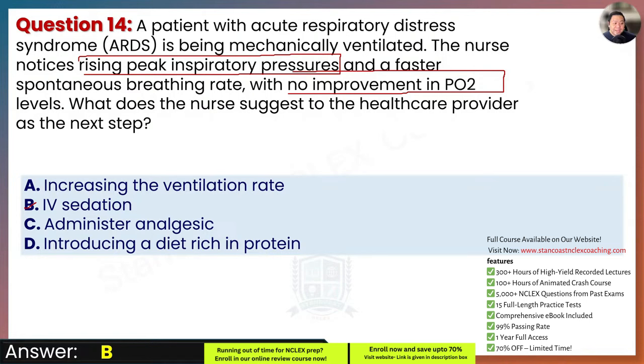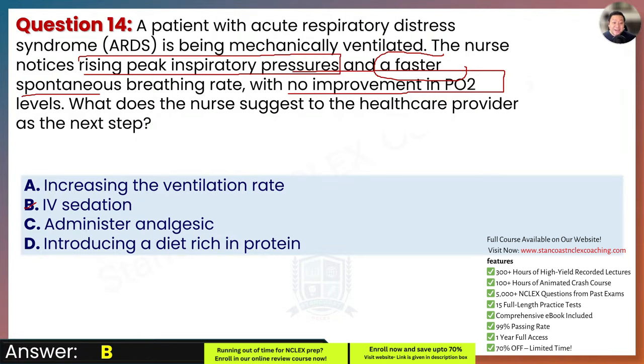Now, what about letter A, increasing the ventilation rate? Well, it might seem like a way to provide more support, but since the patient is already breathing faster, take a look at this one. All right, that's already a clue right there. This would likely worsen the mismatch.